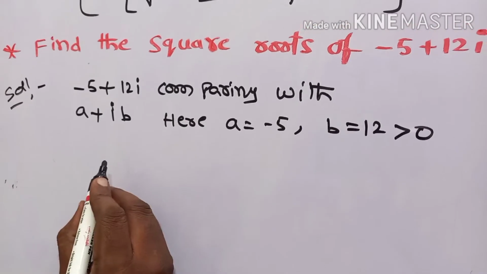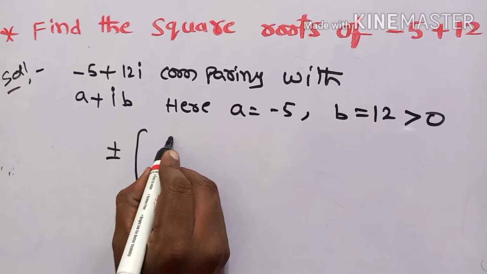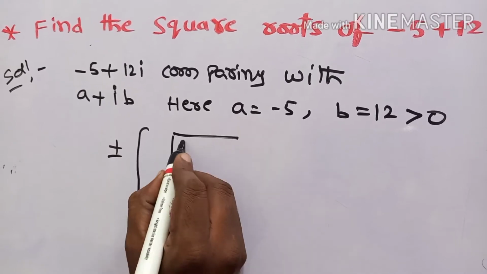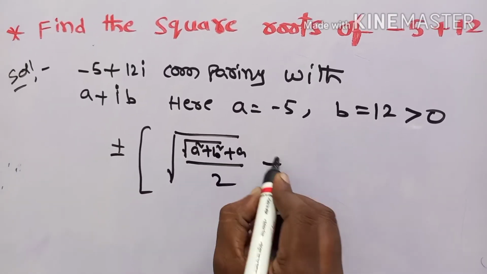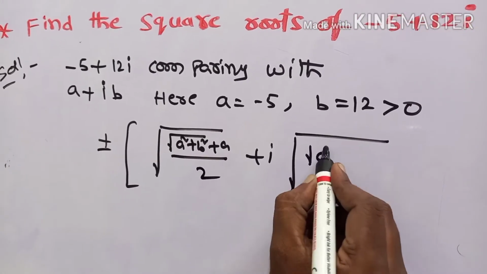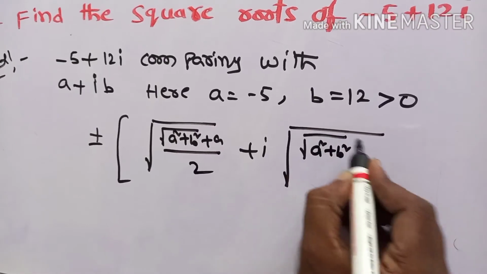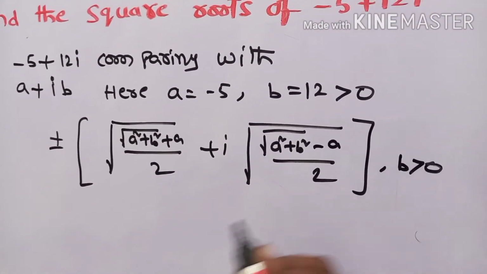We can use the formula plus or minus root over root of a square plus b square plus a by 2, plus i into root over root of a square plus b square minus a by 2, for b greater than 0.